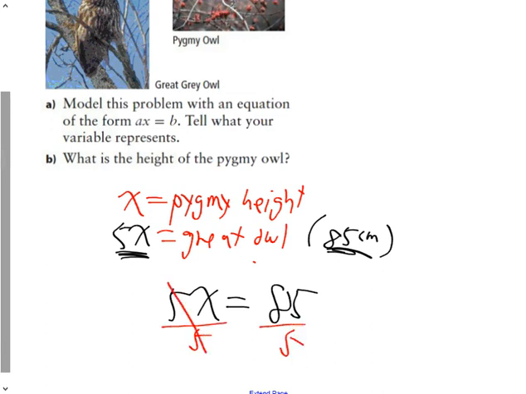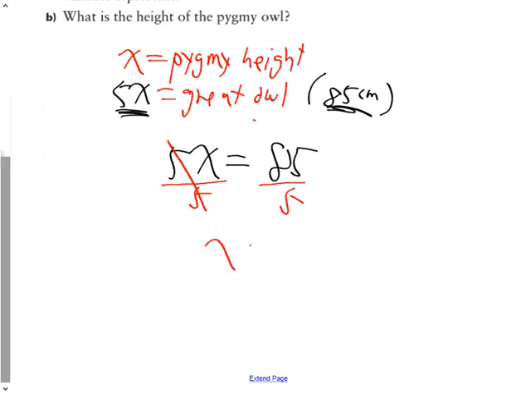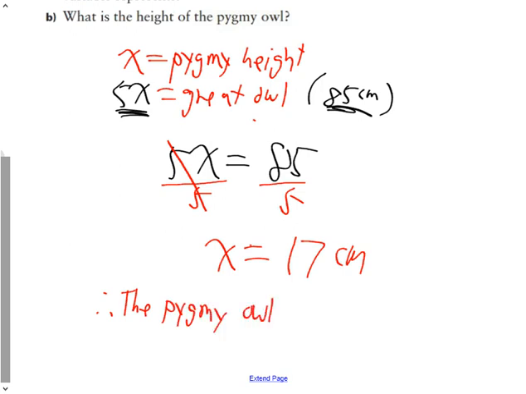We're going to divide both sides by 5, and we're going to figure out that the pygmy owl's height is 17 centimeters tall. So therefore, the pygmy owl's height is 17 centimeters.